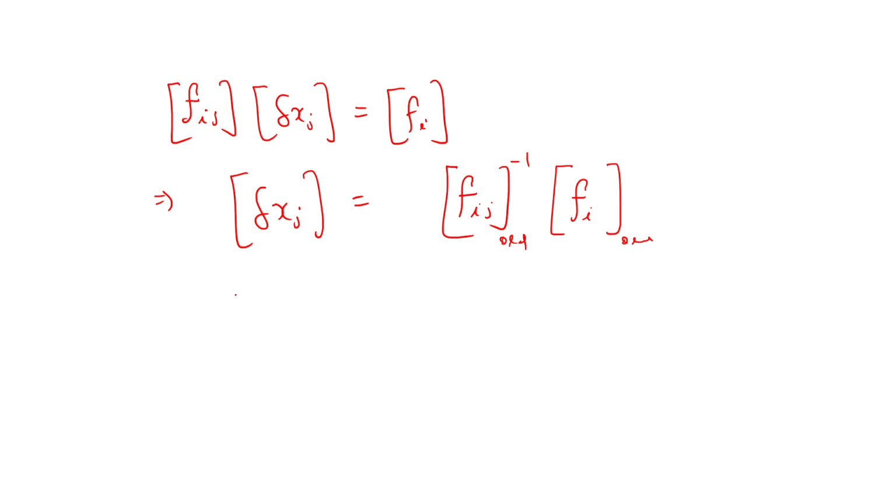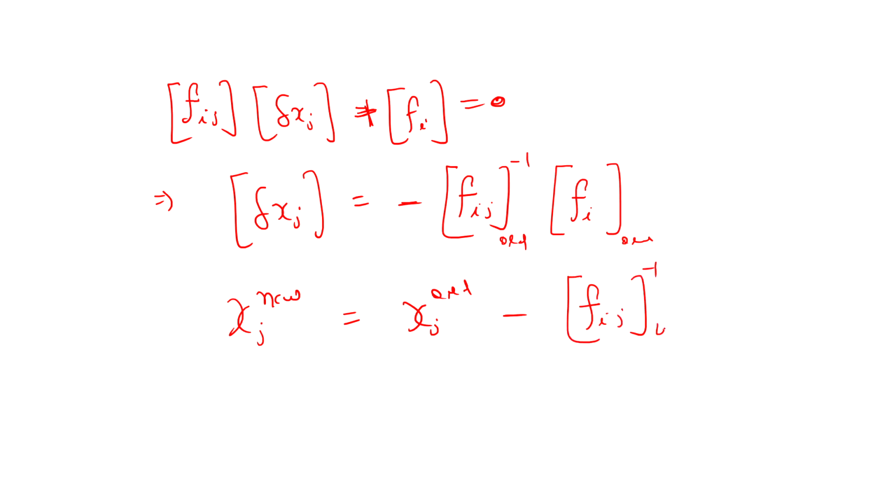So this implies my xj new will become xj old minus, remember that there will be a plus sign and it will be equal to 0, xj new will be equal to xj old minus Fij inverse evaluated at old values and Fi evaluated at old values.